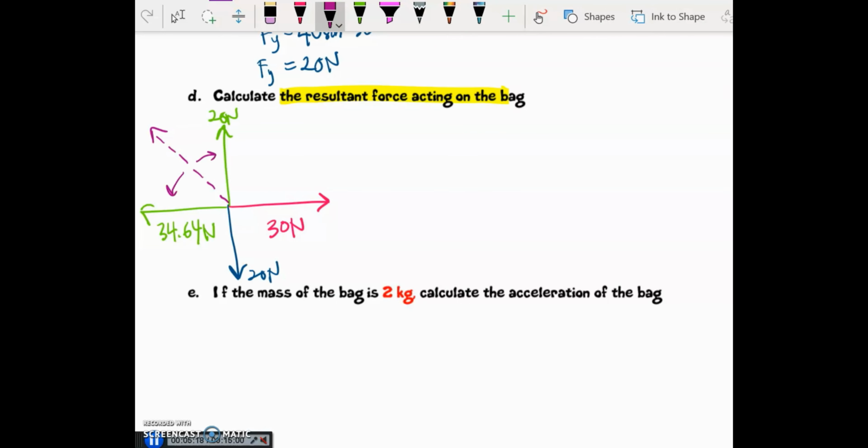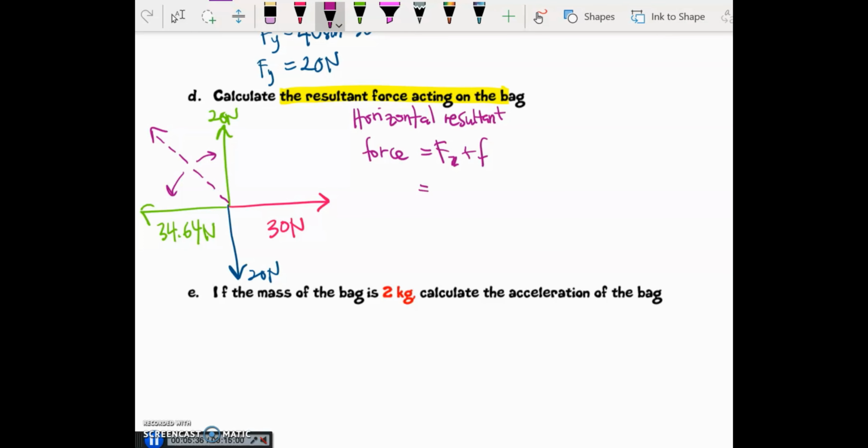Okay, so let's do the horizontal first. The horizontal resultant force is equal to Fx plus Fr.